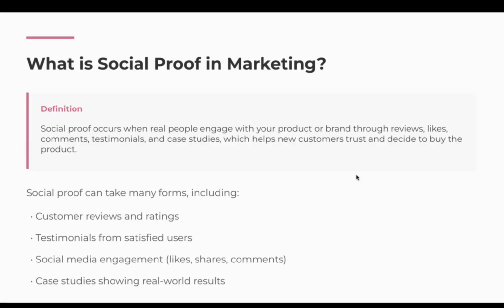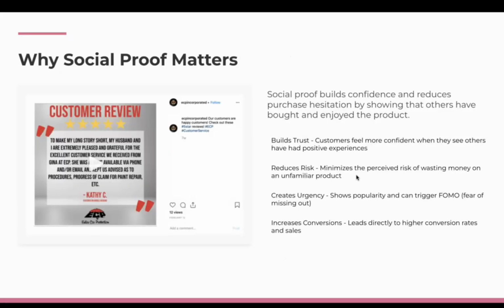Now, when we talk about what social proof is in marketing, essentially that is when real people engage with your product or your brand through reviews, likes, comments, testimonies and case studies. So this will help new customers trust and decide to buy the product. We see social proof all the time in testimonies and comments.